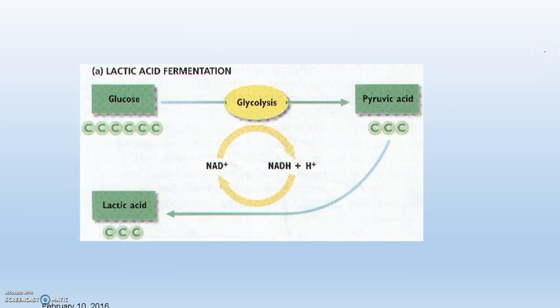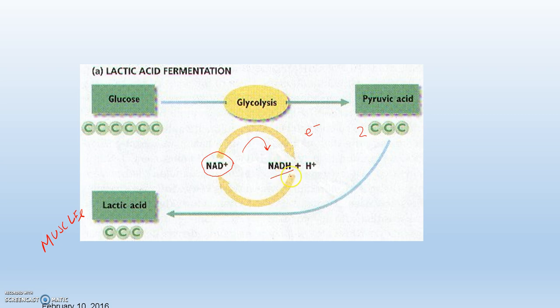All right, so there are two types of fermentation. First is lactic acid fermentation, and this happens mostly in our muscles. So let's see what happens. Glucose, via glycolysis, is converted into two molecules of pyruvic acid, and during this process high energy electrons are released. These are accepted by the coenzyme NAD, which becomes the reduced coenzyme NADH.